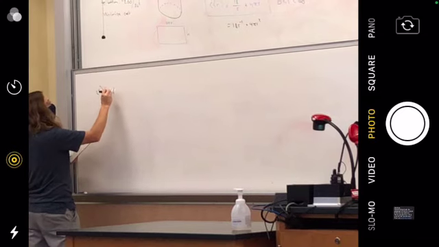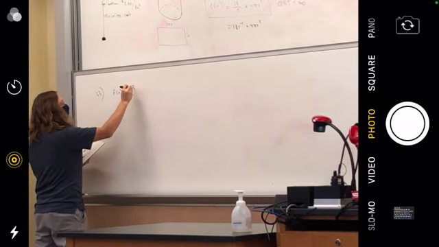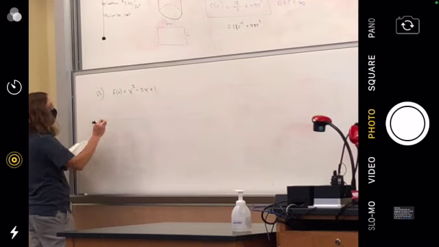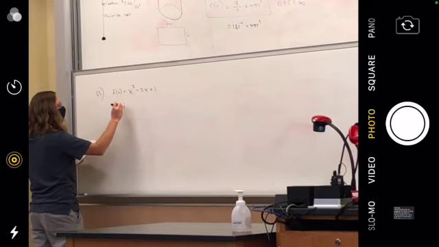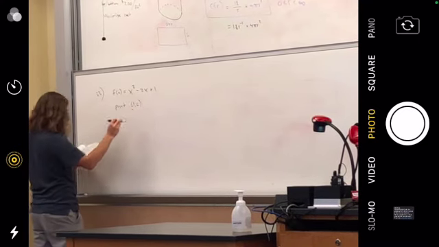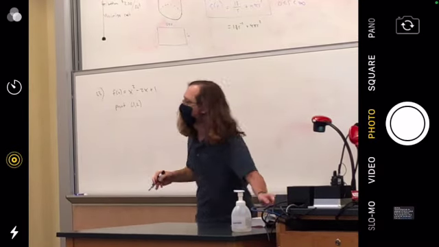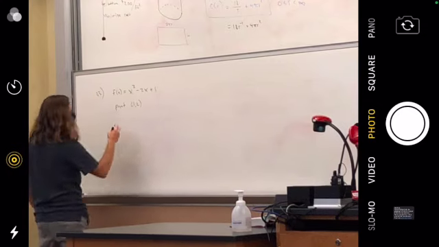f of x equals x squared minus 2x plus 1, and the point is (1, 2). And I want to minimize the distance from the graph of f(x) to this point.